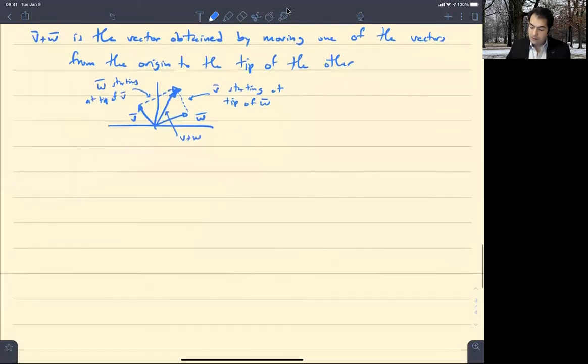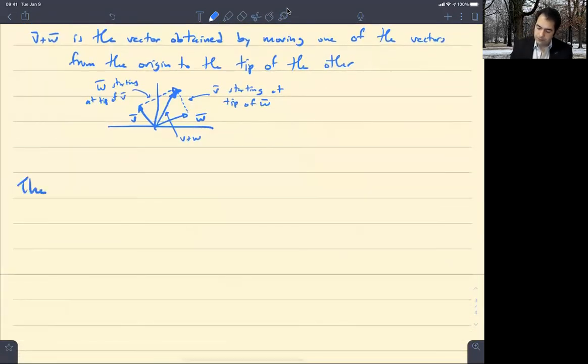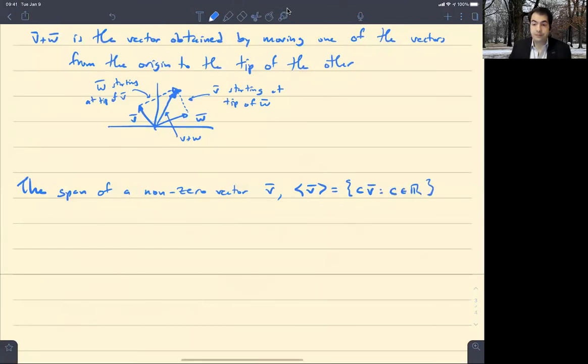The span of a non-zero vector v, right? By definition, this would just be c times v, where c is an arbitrary real number, right? Well, we just saw geometrically all you're doing is changing the length of v, either pointing in the same direction or pointing in the exact opposite direction.